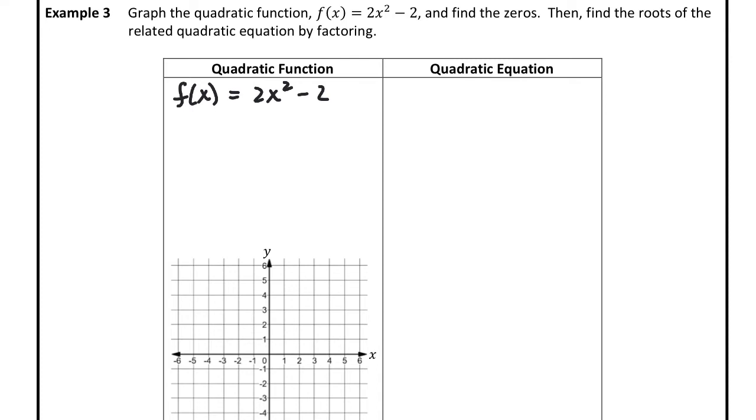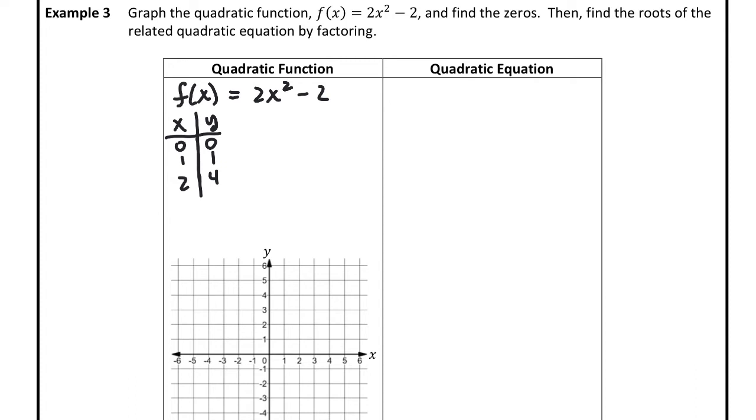Okay, so using the methods of transformation, we would usually make a table. And for quadratic, it was -1. Oh, sorry. That's absolute value. I'm thinking absolute value. 0, 1, 0, 0, 1, 1, 2, 4.